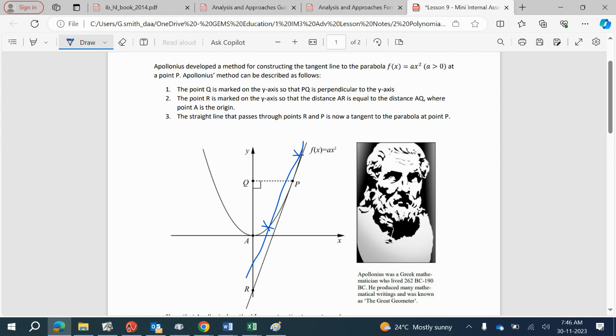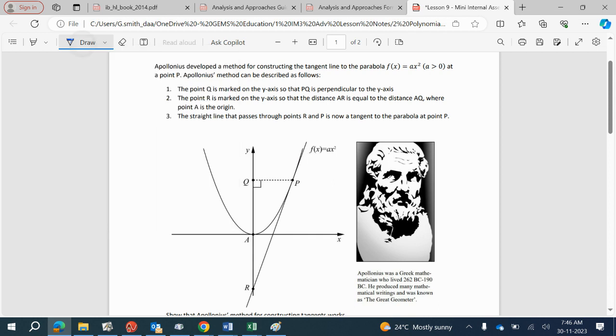What's really interesting about this is that a tangent line will have the same gradient as the curve at that point. So the gradient of the tangent line will be going up at such a rate that at the curve where it's touching, the two of them have exactly the same gradient.